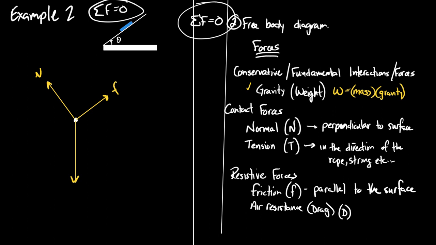I know that two of these forces are perpendicular to each other, so I'm thinking the best way to align my coordinate system would be to align it with the two forces that are perpendicular to each other. I can choose any coordinate system I like. This one means only one force is off axis. Now look, you can actually choose any coordinate system you want. You could choose this coordinate system.